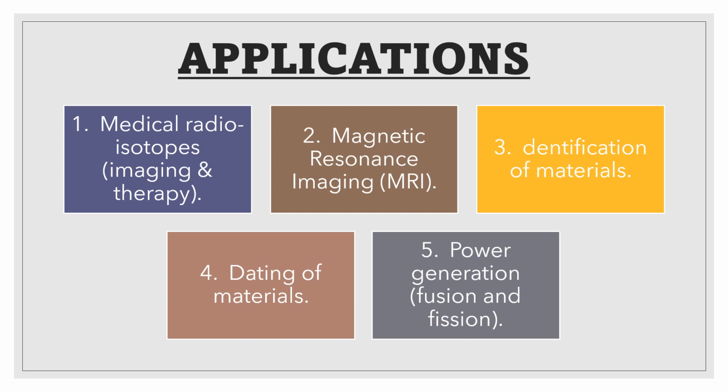Also, it is used in identification of materials, also called positive material identification. It is used to analyze and identify materials for quality assurance or quality control, to verify the proper alloy or what material is used in it. It's also applied in dating of materials and power generation, as I told in nuclear reactors. Most of the countries are using it.